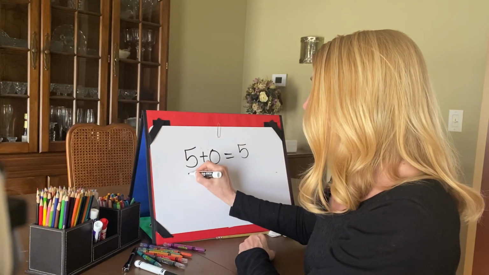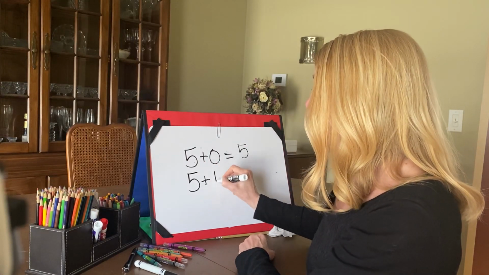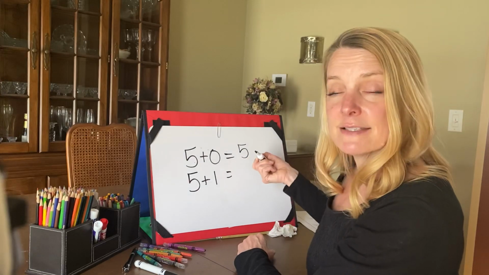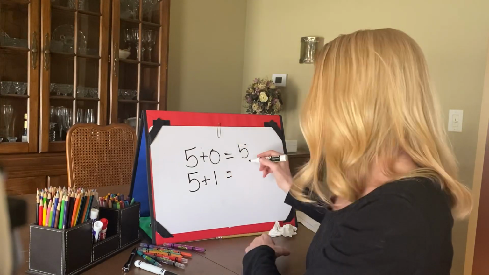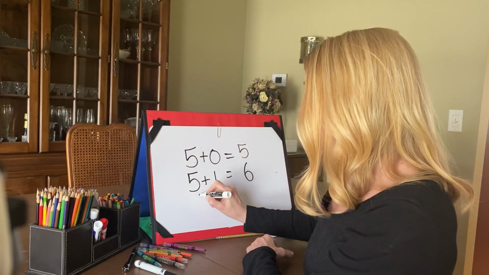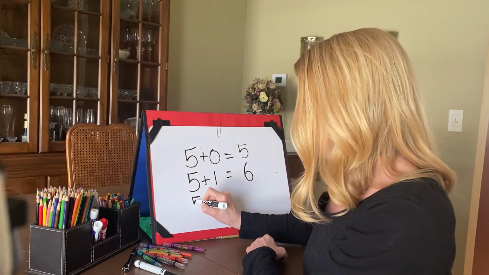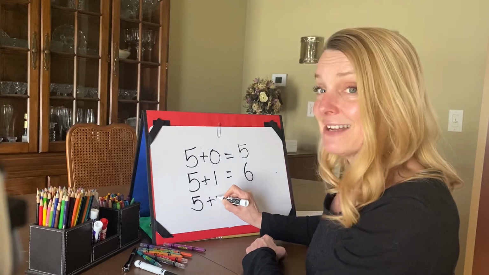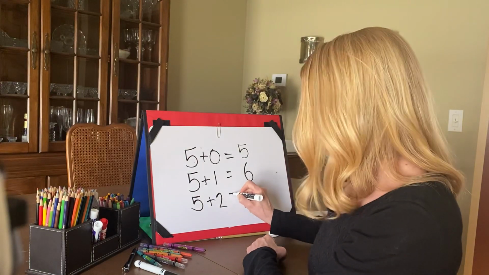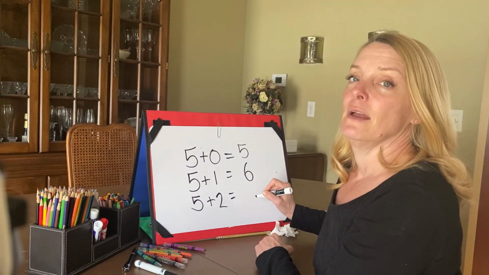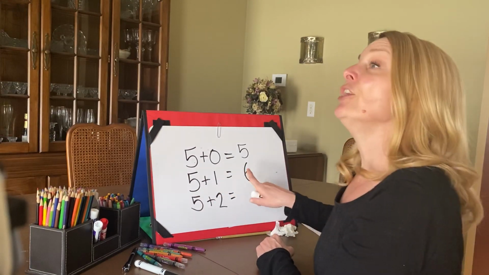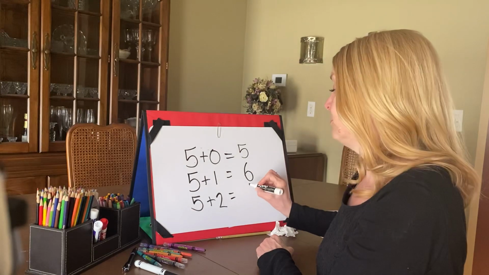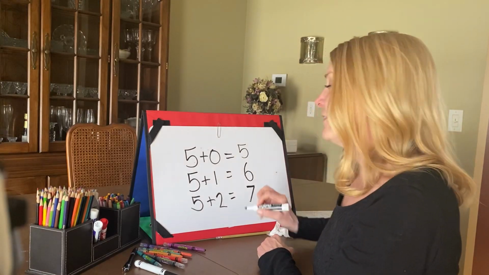So now I have 5, and I'm going to add one more, and the answer would be the very next number, which is 6. So now I'm going to write the same math sentence almost, 5 plus, and now I'm going to tell it 2. Well, if 5 plus 1 is 6, if I add another 1 onto that, the answer would be 7.